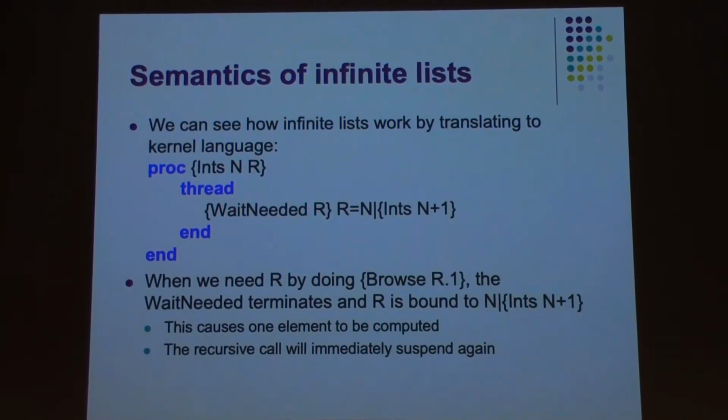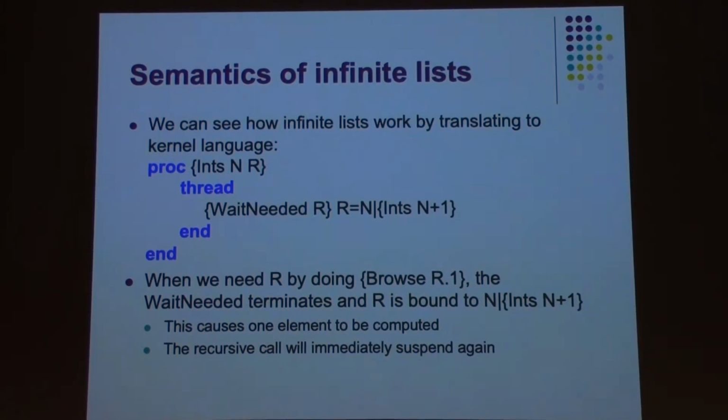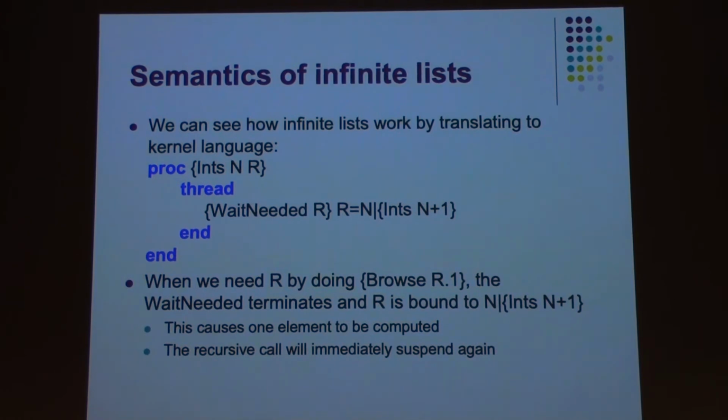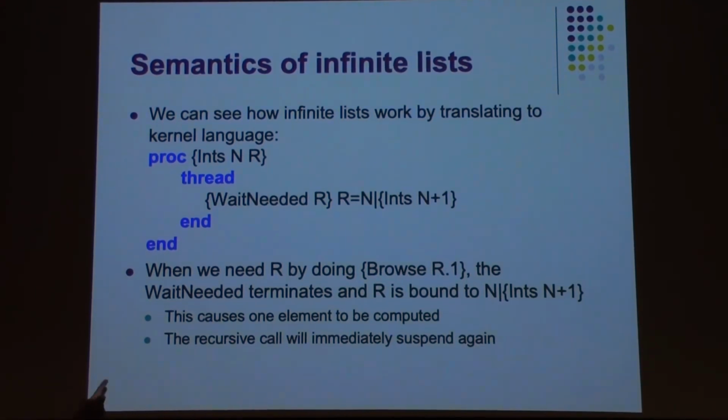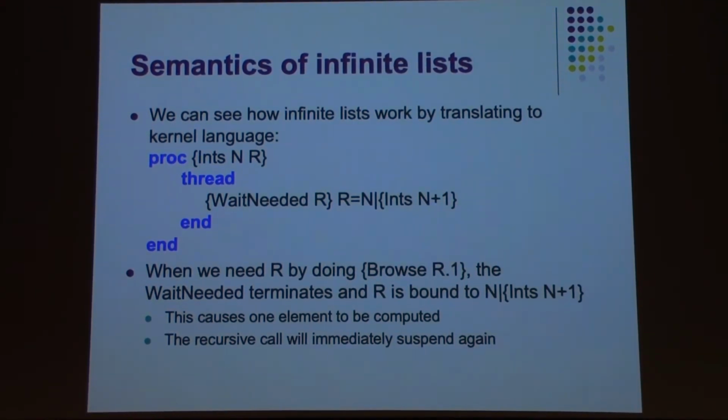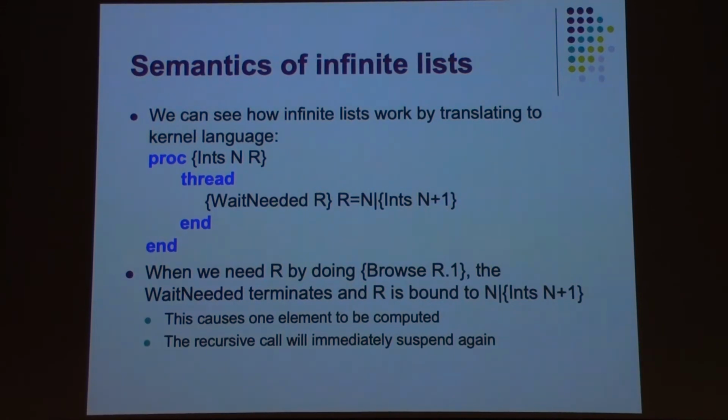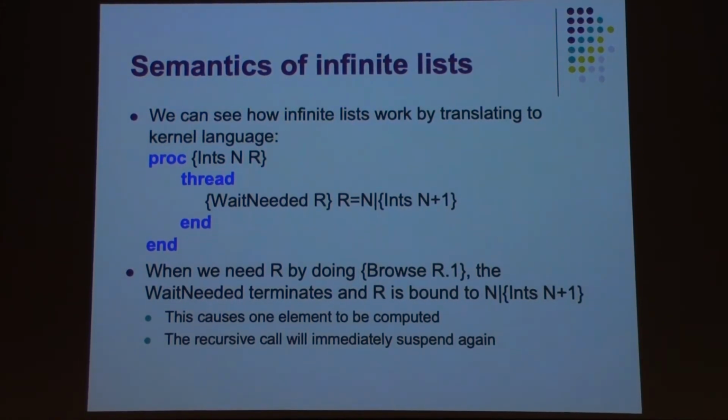So it will immediately suspend again on another wait needed. So when you have a recursive function, you actually have a whole series of lazy function calls. So if you do browse of r.1, you will only get one element, and the recursive call will suspend again. So recursive functions work very well with laziness.